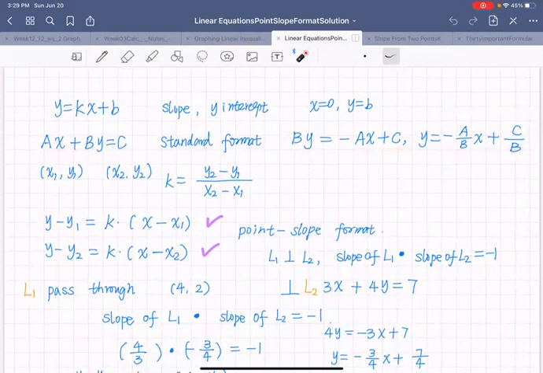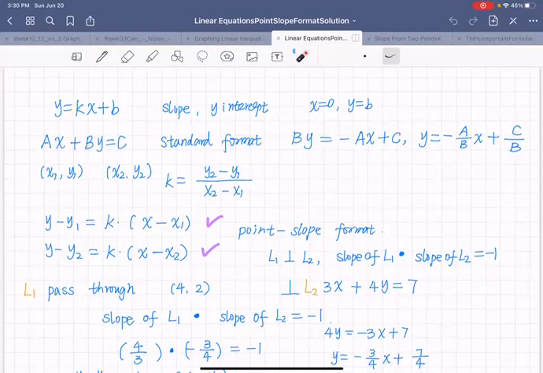This goes back to the slope-intercept format. This is the slope, and (0, c over b) is my y-intercept. Slope, how do we calculate slope? We just did it, very easy. These are the two formats.